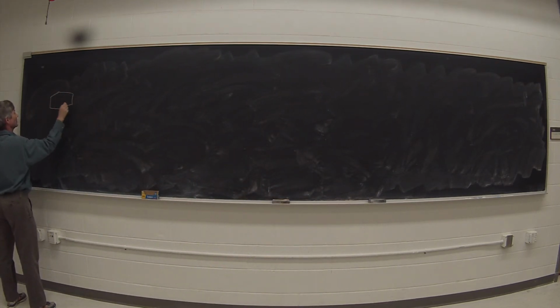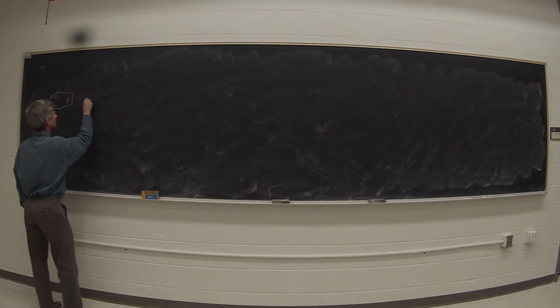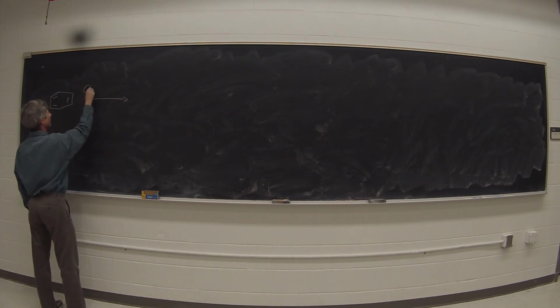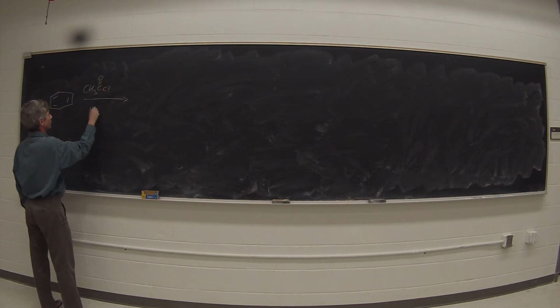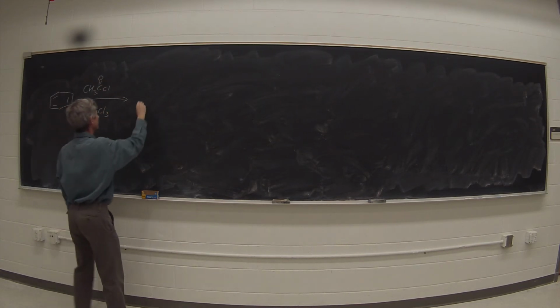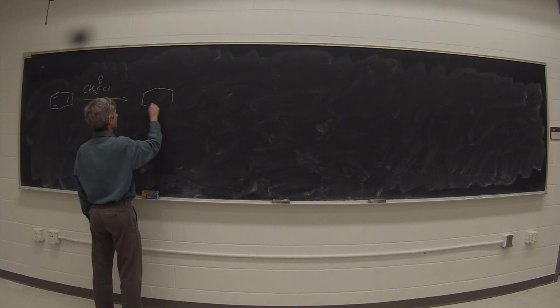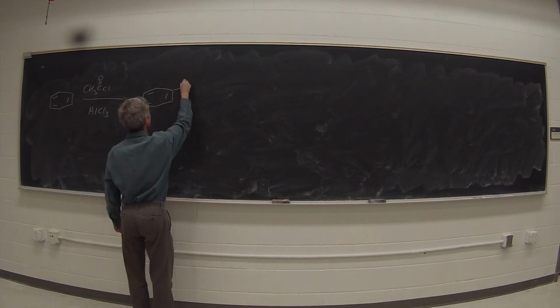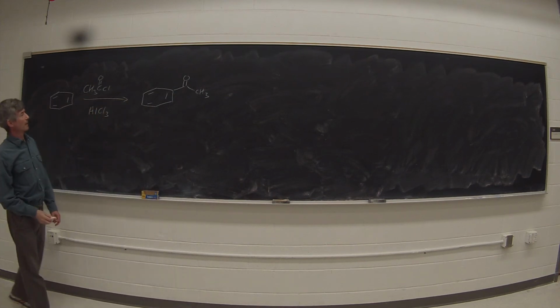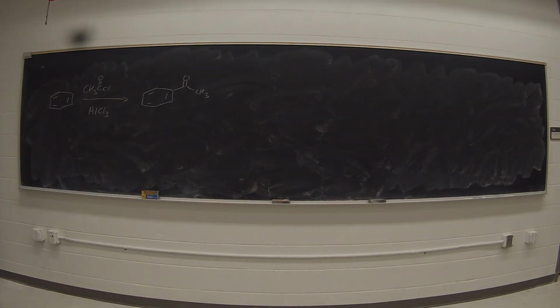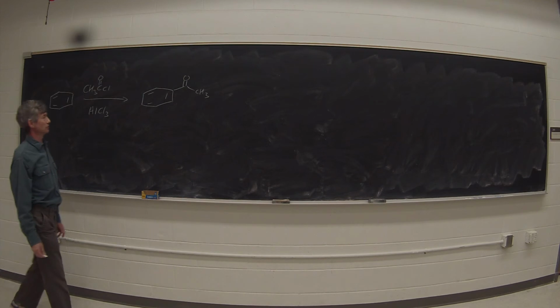So we will start with benzene, and we will do a Friedel-Crafts acylation using acetyl chloride and aluminum chloride to generate acetyl benzene, and it will stop because the deactivated ring will not do a second Friedel-Crafts acylation.